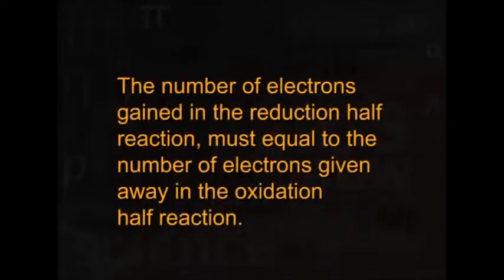One equation we write for the reduction reaction, in which electrons are gained, and the second equation we write for the oxidation reaction, in which electrons are given away. But remember that the number of electrons gained in the reduction half reaction must equal the number of electrons lost in the oxidation half reaction.